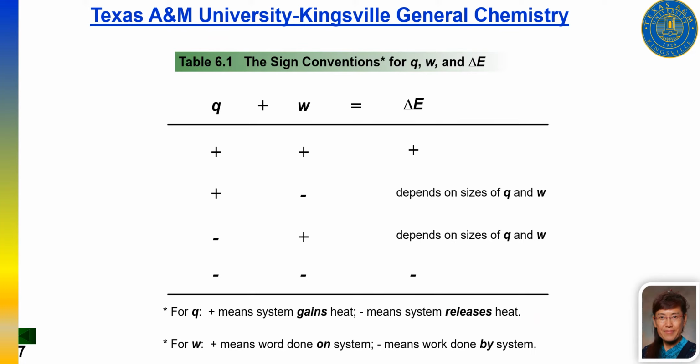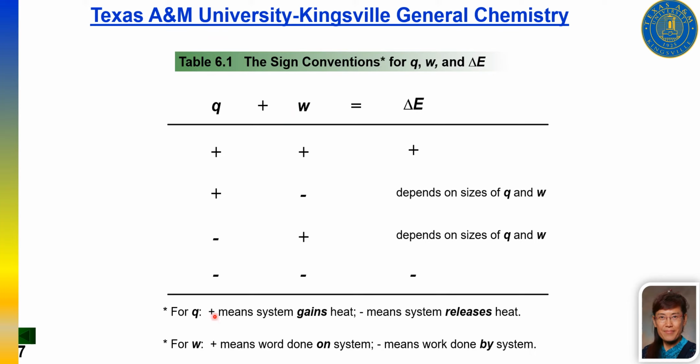We need to know the sign conventions of your heat, your work, and your internal energy change, delta E. Delta E can be calculated by Q plus W. Your Q, which is the heat, plus your W, work, equals the internal energy change. So this Q and W have different signs.